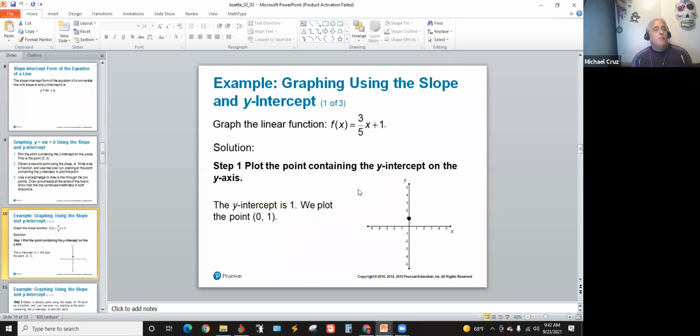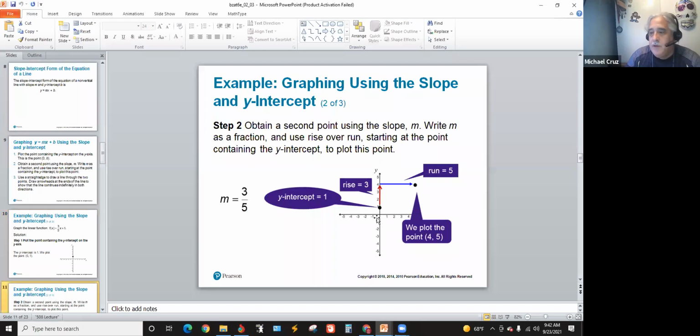And since it's positive, both the rise and the run will be positive. So see? Rise 3, run 5. There's your other point, and you can see where it's at. I think they got that backwards. It should be 5-4.